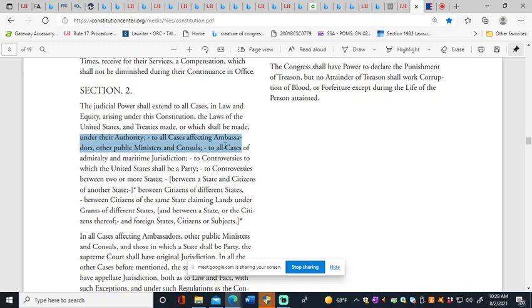It says the judicial power shall extend to all cases in law and equity arising under this Constitution, the laws of the United States, and treaties made or which shall be made under their authority, to all cases affecting ambassadors, other public ministers, and consuls.